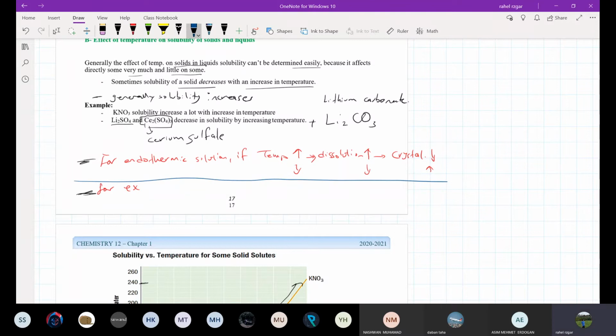But for exothermic, if temperature increases, the solution decreases and crystallization increases. Vice versa, if temperature decreases, the solution increases and crystallization decreases.